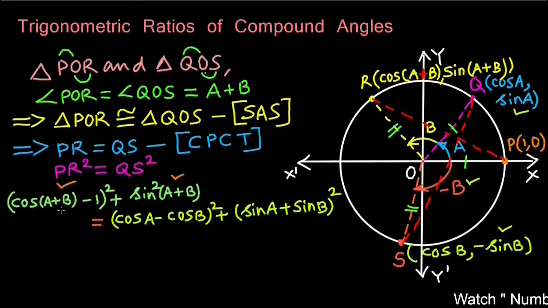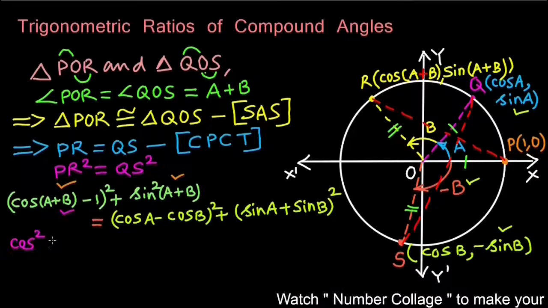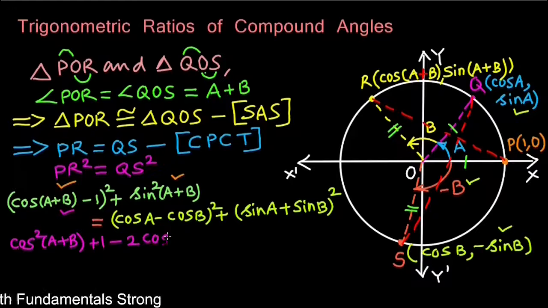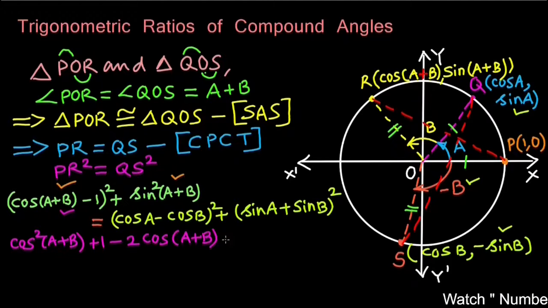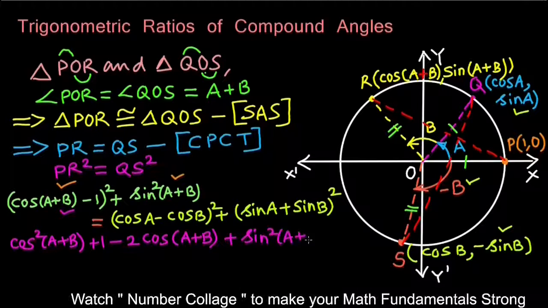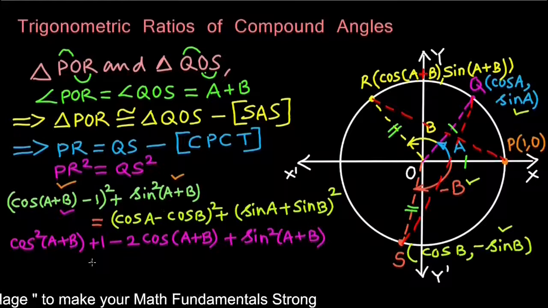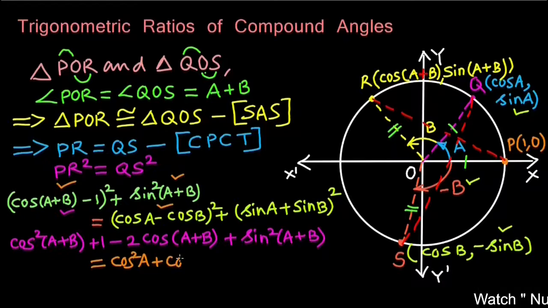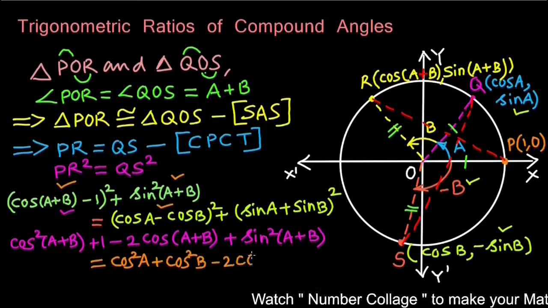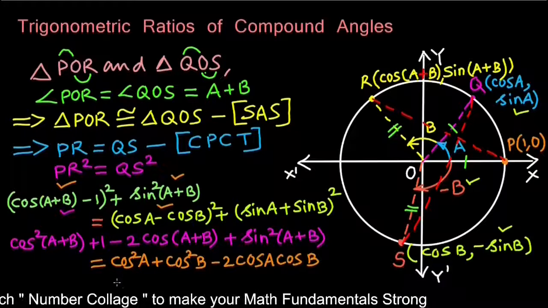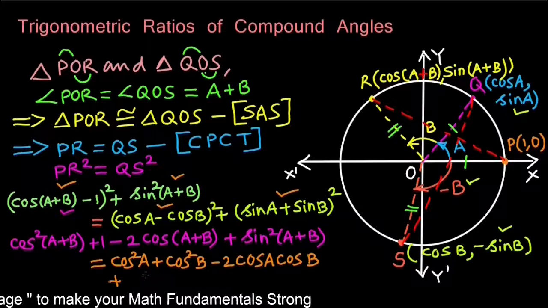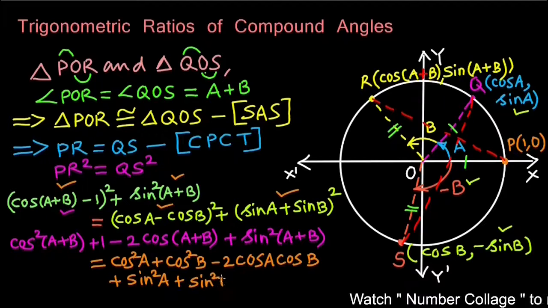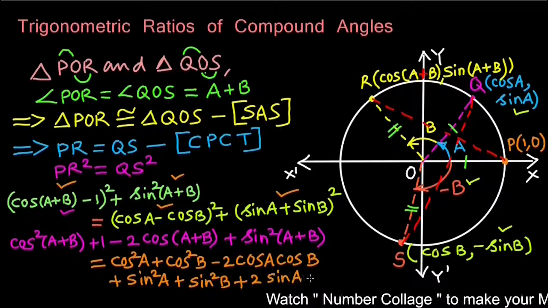Now expansion of this bracket will be cos square (A plus B) plus 1 minus 2 cos (A plus B) plus sin square (A plus B), that will be equal to, expansion of this bracket will be cos square A plus cos square B minus 2 cos A cos B plus expansion of this bracket will be sin square A plus sin square B plus 2 sin A sin B.